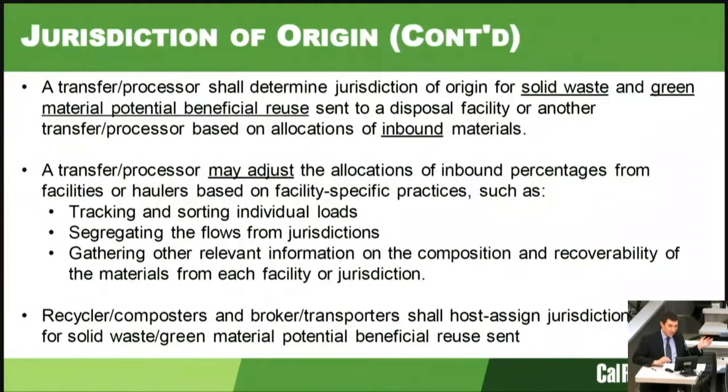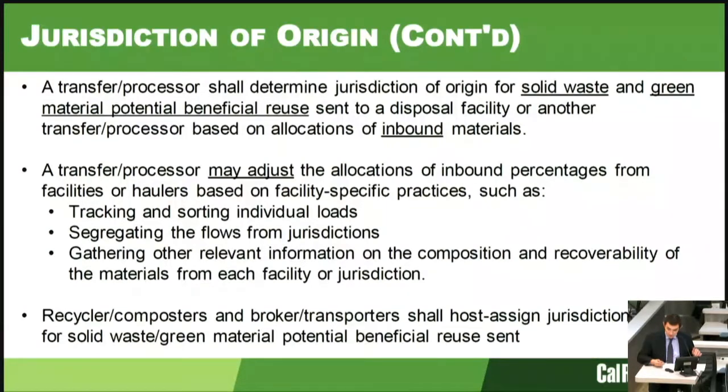Again, and we've touched on this in the flow chart, for jurisdiction of origin for solid waste and green material potential beneficial reuse sent by a transfer processor, you also need the jurisdiction of origin information when you send it to each receiving reporting entity for those two streams of materials.